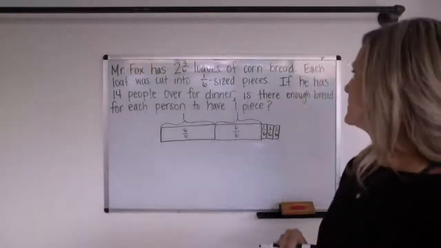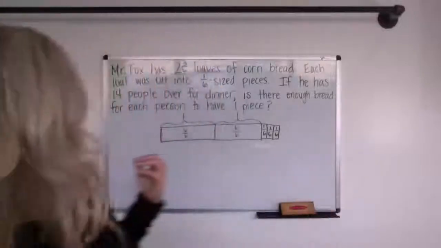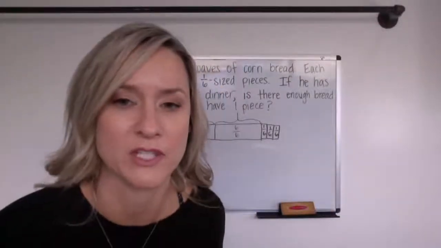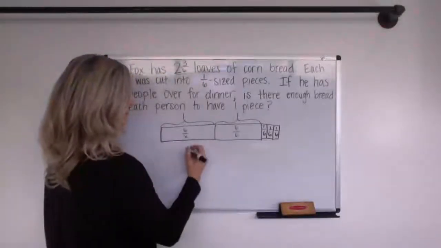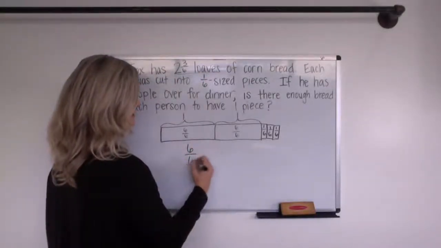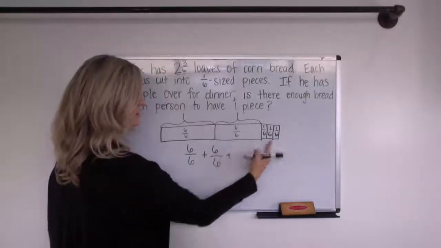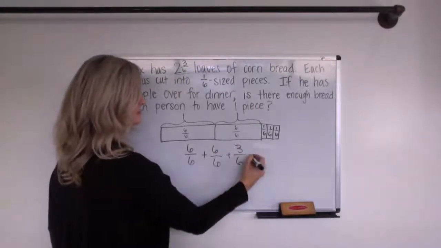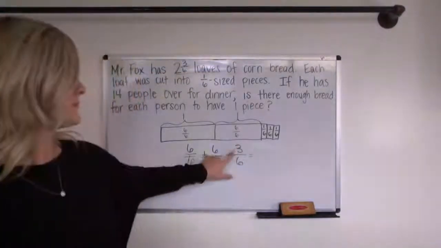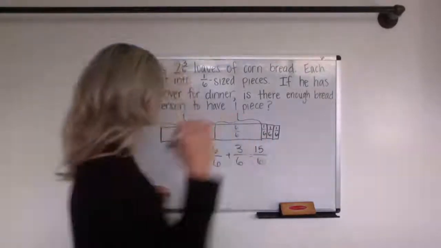Okay, so we have to figure out, does he have enough if he has 14 people over for dinner? Okay, so let's check it out. We've got 1 whole, which is 6/6, plus another whole, which is 6/6, plus 3/6. 6 plus 6 is 12, plus 3 more is 15/6.